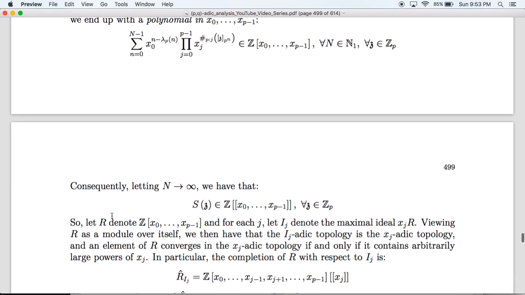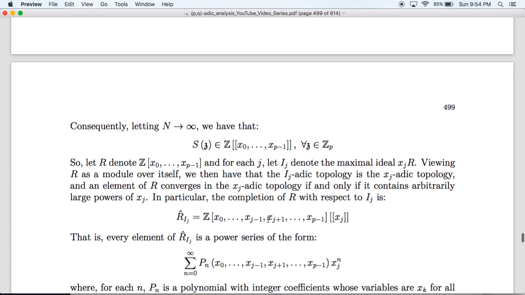Let R denote this ring, the polynomial ring, and then for each j, let ij denote the maximal ideal xj times R. Viewing R as a module over itself, we then have that the ij adic topology is the xj adic topology, and so a sequence in R converges in the x adic topology if and only if it contains arbitrarily large powers of xj.